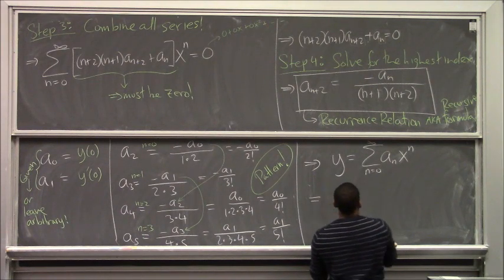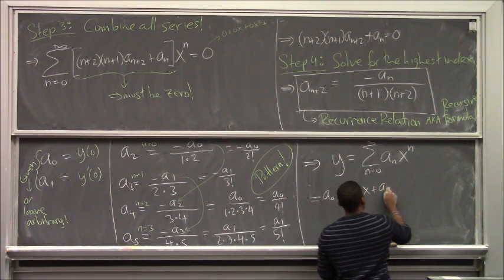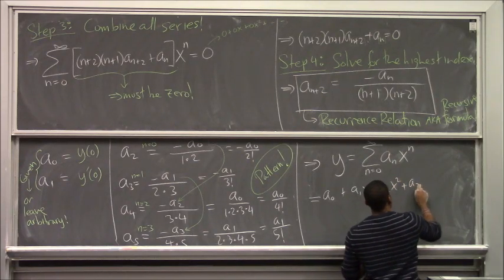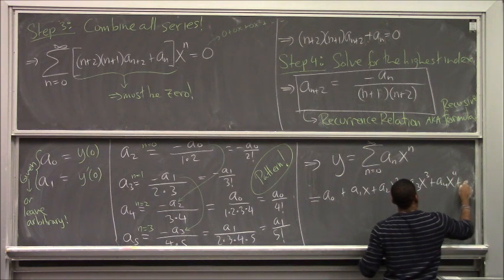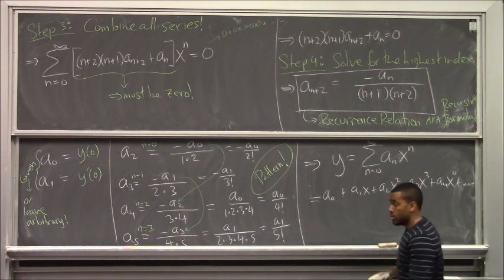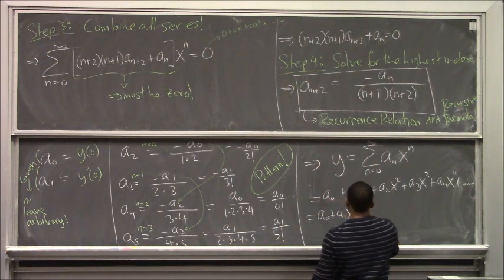But what is that? Well, that's A0 plus A1x plus A2x squared plus A3x cubed plus A4x^4 plus dot dot dot, right? A0 is A0, A1 is A1.